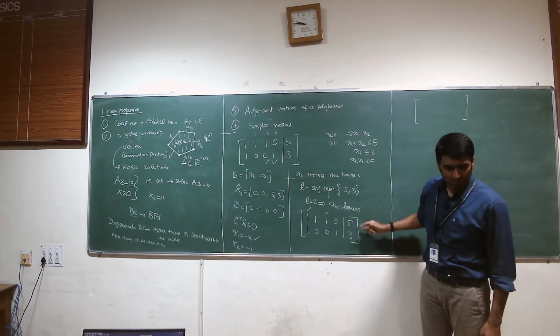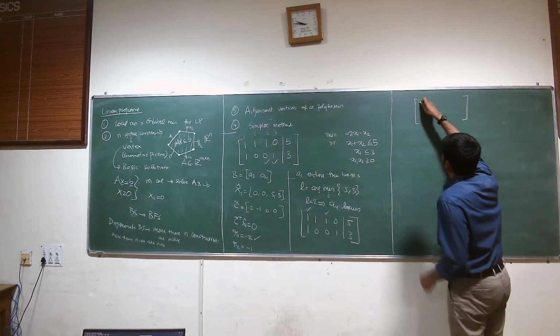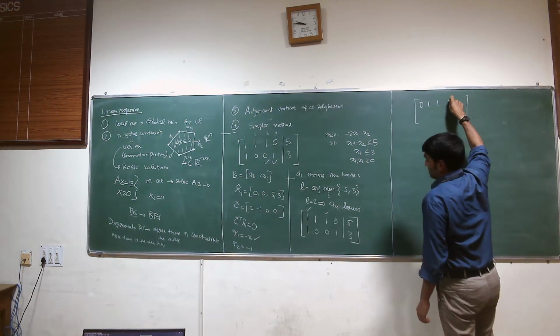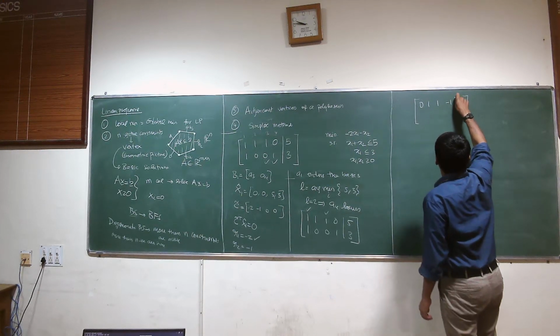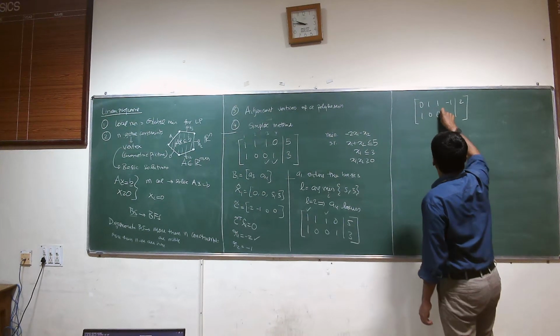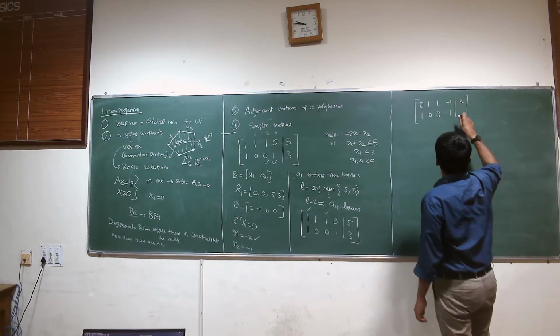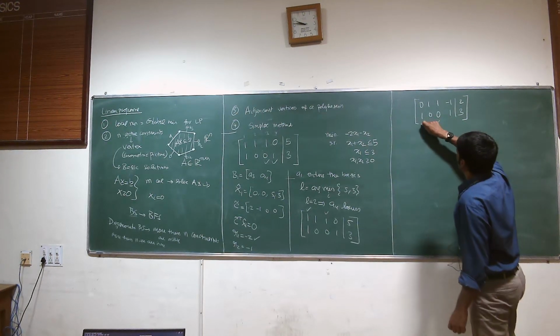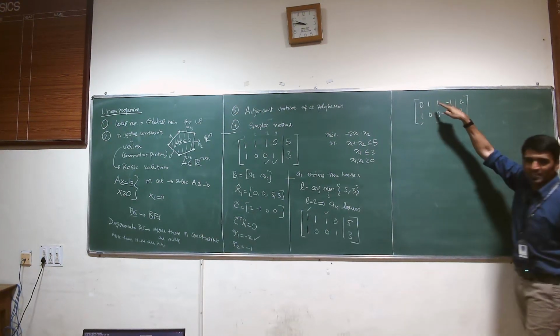Well, we can do row-wise operation. If you do that, what do you get? Okay, so now we have this and this. These two together form an identity matrix.